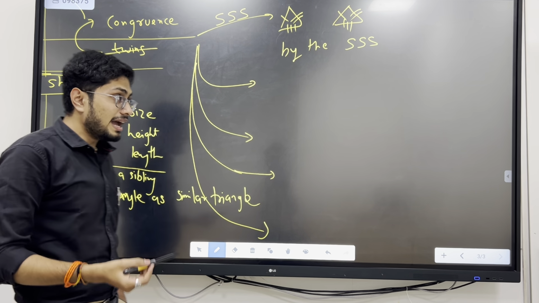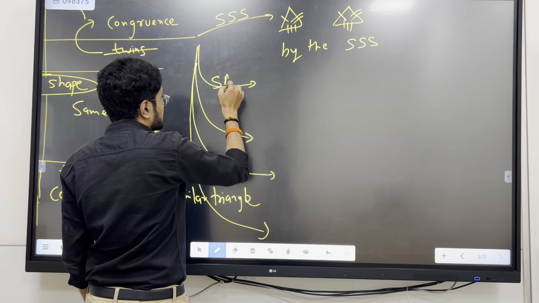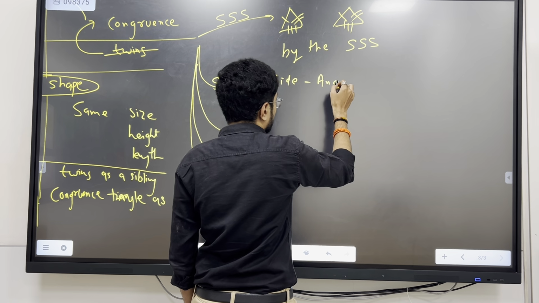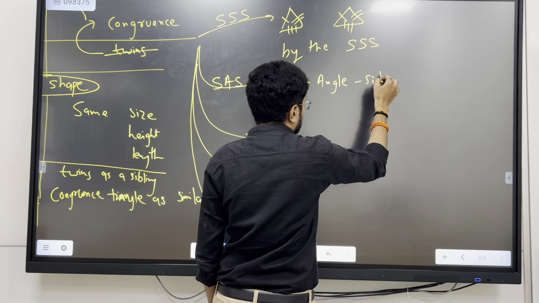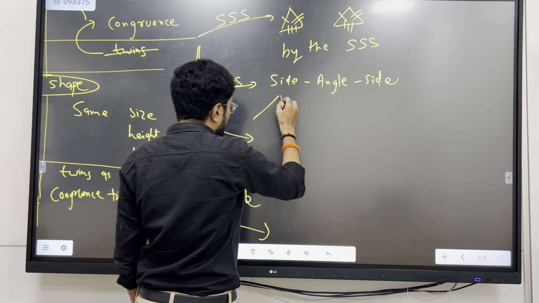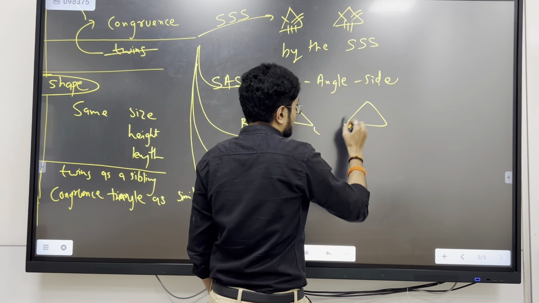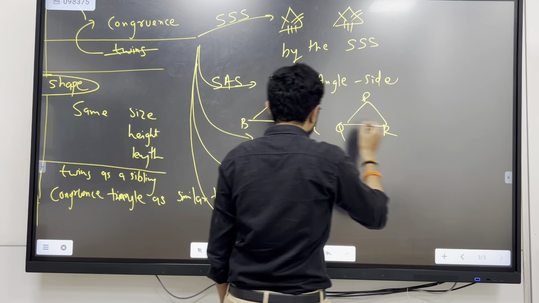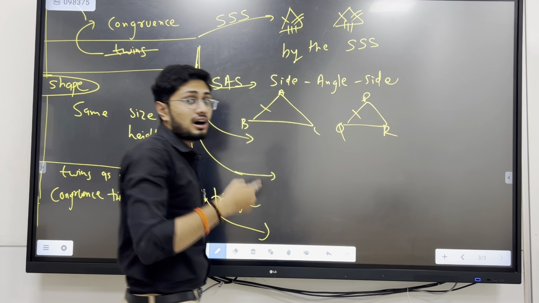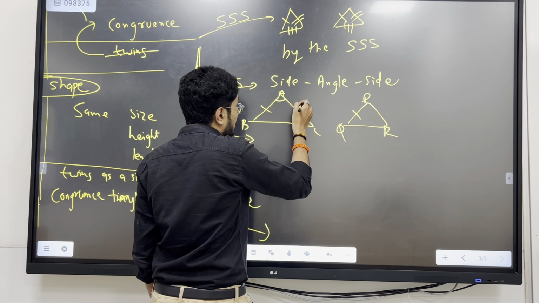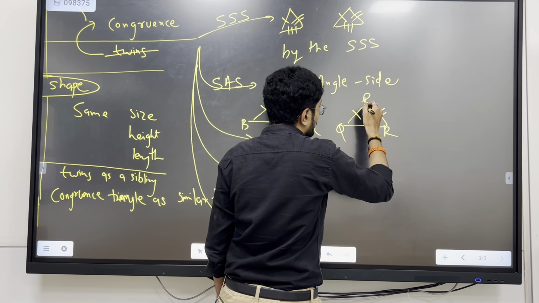Then we have SAS, side angle side, in which we need to consider a side of the triangle with the corresponding side of the other triangle, as well as the included angle between the two sides.